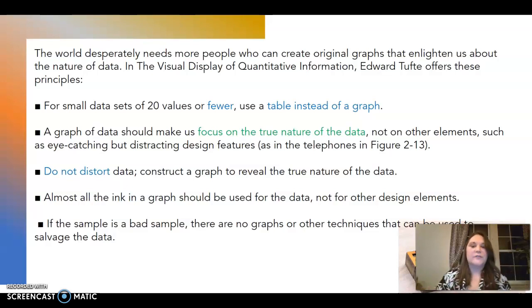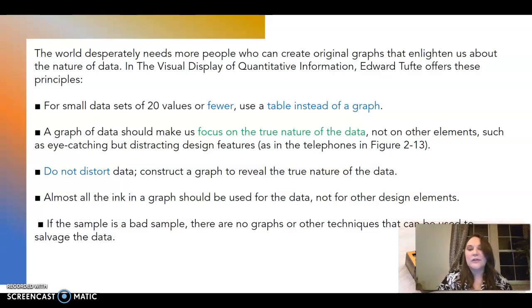Your display should focus on the true nature of the data, not other things that are distracting, i.e. the telephone example that they just showed. Don't distort it. Try to let the numbers say what they say, and you're there to interpret it. You're there to make a visual display of what the numbers, as I mentioned earlier, are telling you.